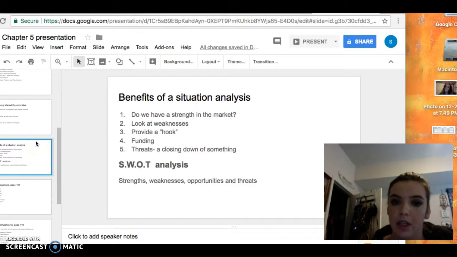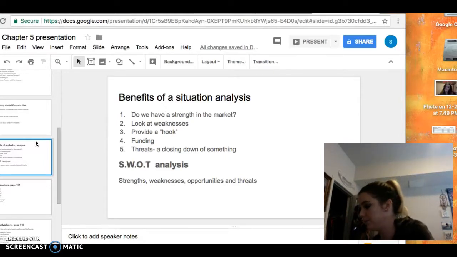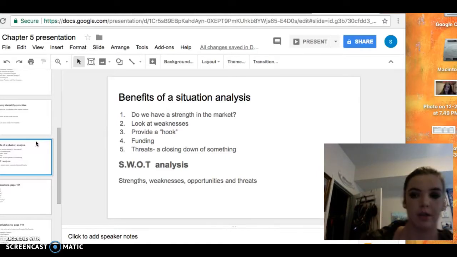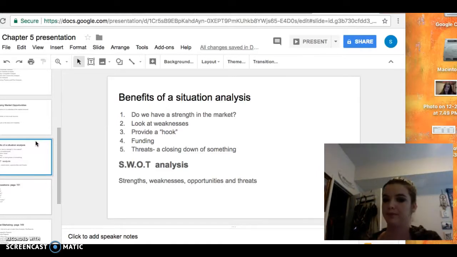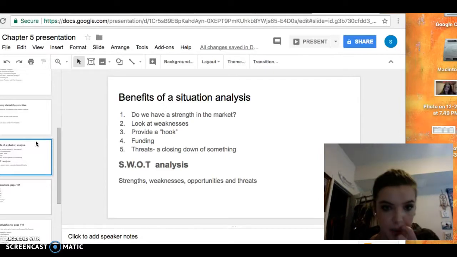Benefits of a situation analysis. So like I mentioned before, the definition of situation analysis is, I just have my notes here, sorry. Situation analysis is the study of marketing strengths, weaknesses, opportunities, and threats of an existing business or other type of organization.